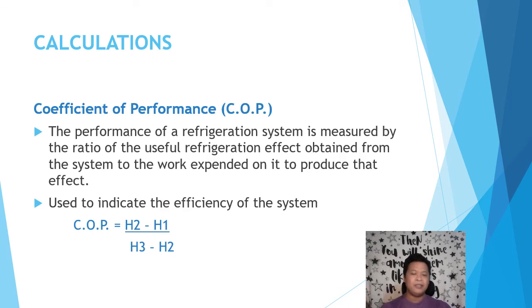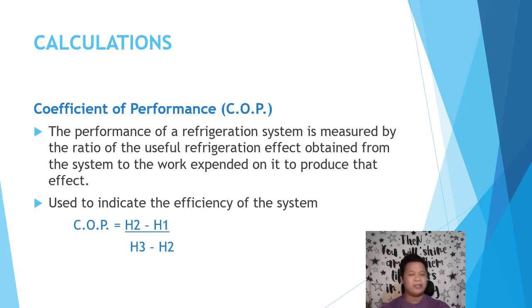So with that being said, we have a term called the coefficient of performance, which is a ratio of the useful refrigeration effect obtained from the system relative to the work used up to produce that effect. So in short, it is the ratio of the amount of heat abstracted from your food versus the amount of energy needed to abstract that heat, which is essentially yung power requirements ng iyong compressor.